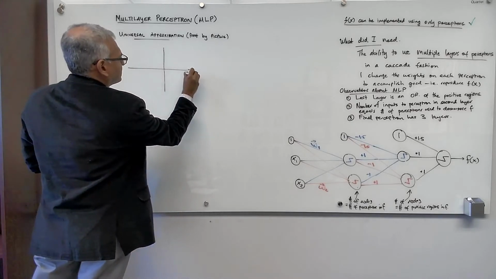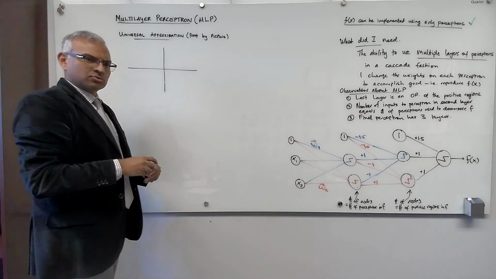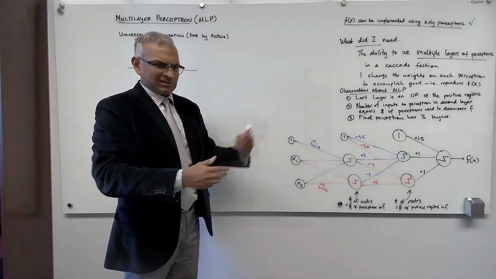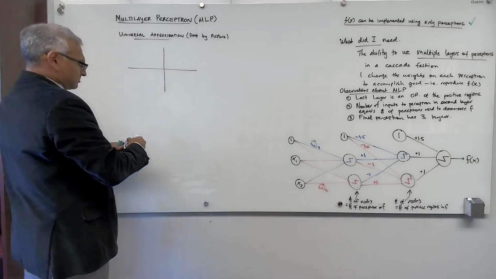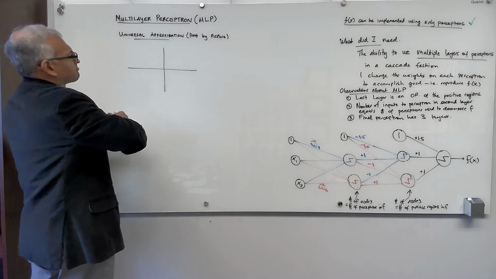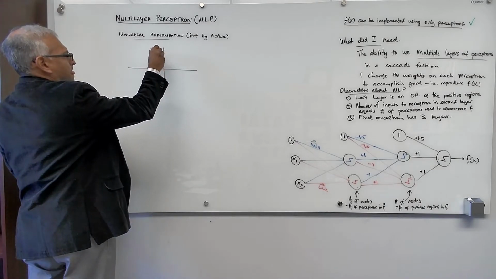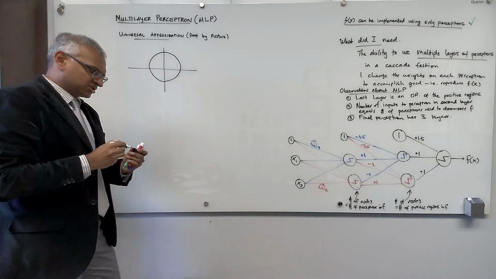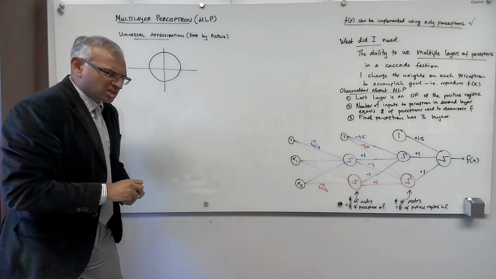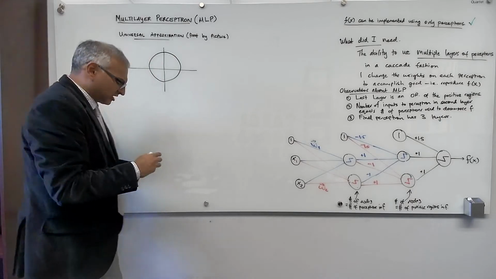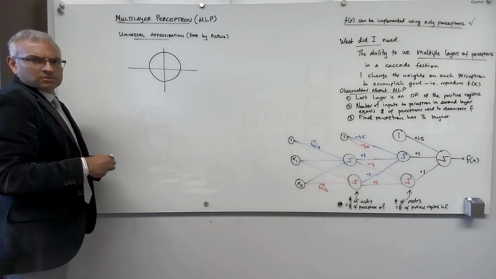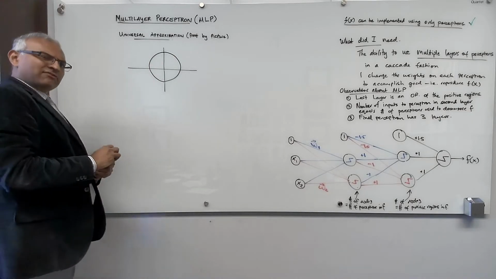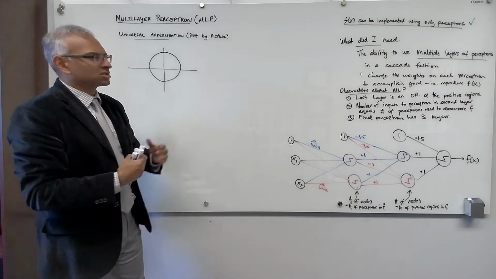So let's try something that looks reasonably hard to do with linear perceptrons. Okay? So let's think of a circle. The idea is think of this circle as a generic boundary, a generic decision boundary that's smooth. Now, how do I do this with perceptrons? Well, you can never do it exactly, so that's the idea of universal approximation.